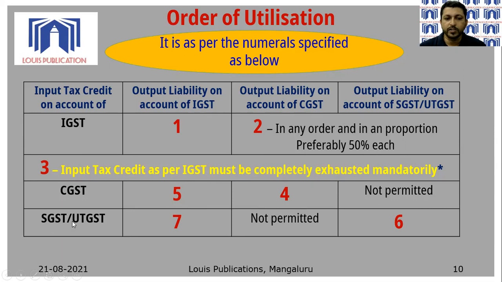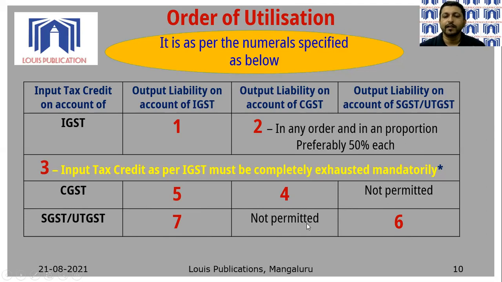The third is SGST or UTGST credit can first be utilized to settle SGST or UTGST liability. First will be SGST or UTGST liability. After settling, if some SGST or UTGST credit still remains, IGST liability can be settled. So SGST credit cannot be used to set off CGST liability. This is a very, very important point.